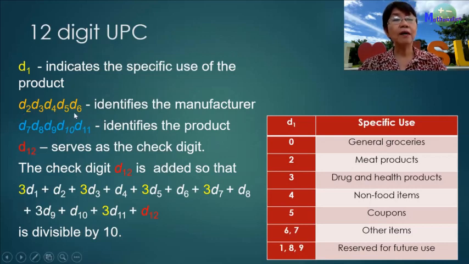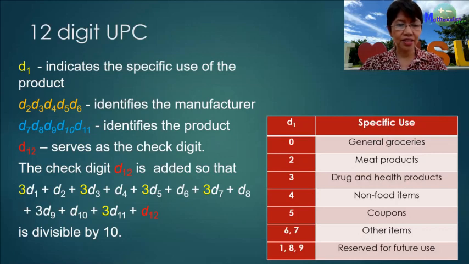Digits 2 up to 6 identify the manufacturer. So the manufacturers are coded. Digits 7 up to 11 identify the product. And digit 12 serves as the check digit.